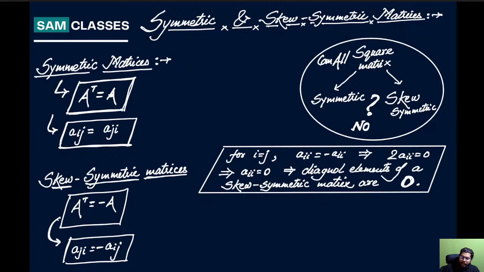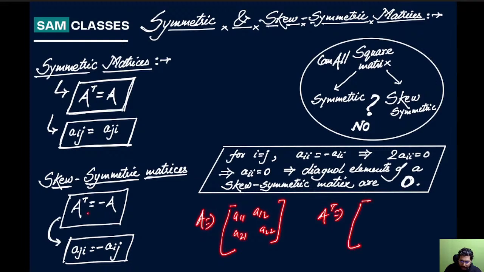Now, a very important question here also keeps coming up. If they say that the diagonal elements of a skew-symmetric matrix are 0, why? Do you know the reason why? See, very simple. Let's take matrix A with A11, A12, A21, A22. If I do the transpose, I should get minus A, correct?